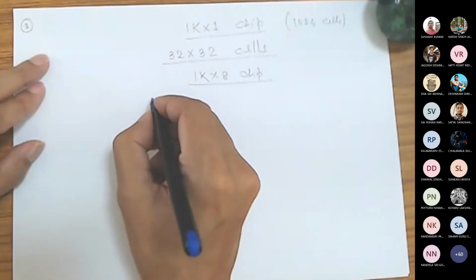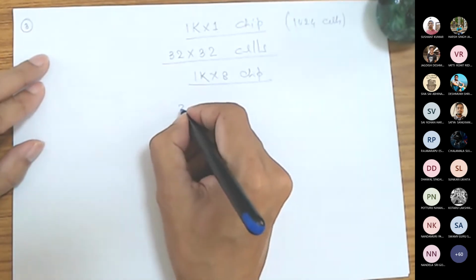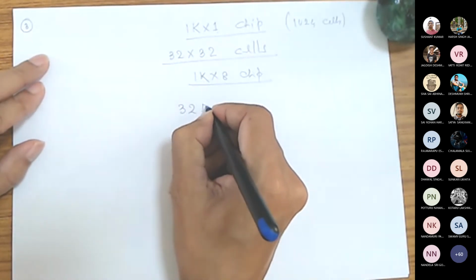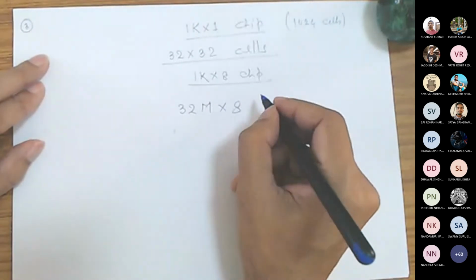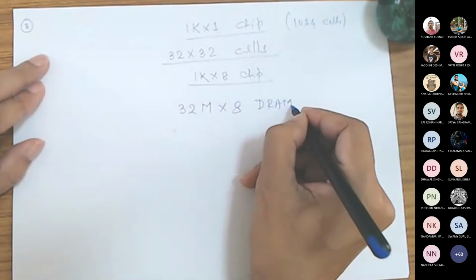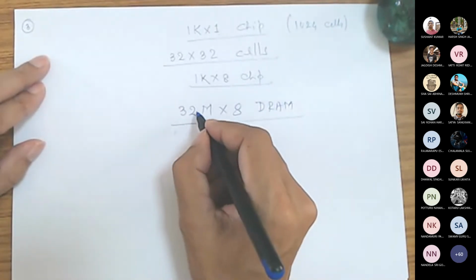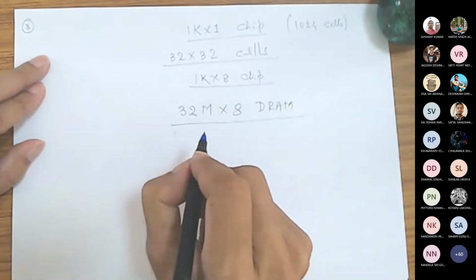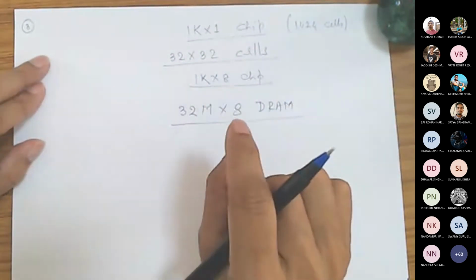So now I shall show you something. Internal organization of a 32M into 8 DRAM. It's a huge one, 32M. That means 32 megabyte. This is possibly, we are talking about the modern day computer's memory.